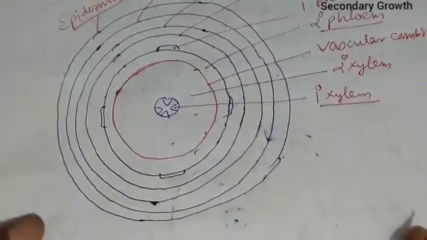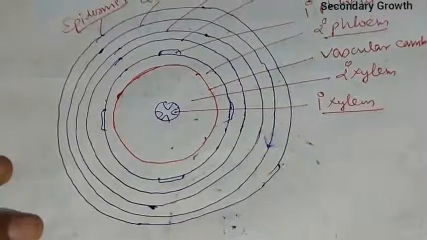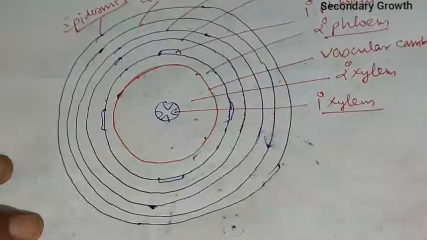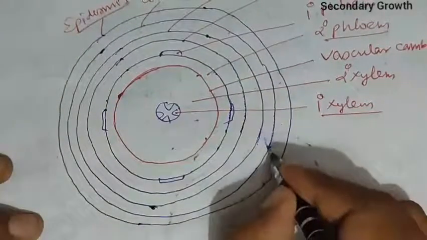Now what happens, the outer cells of this cortex layer dedifferentiate and form a particular tissue.